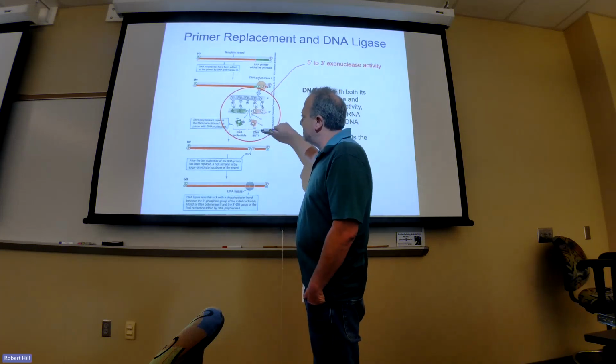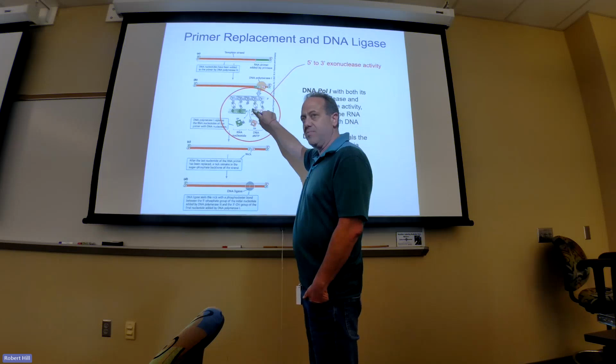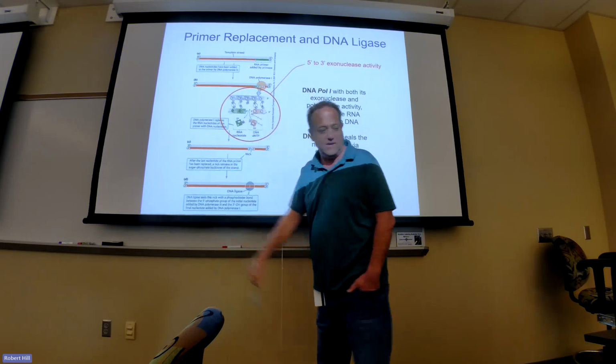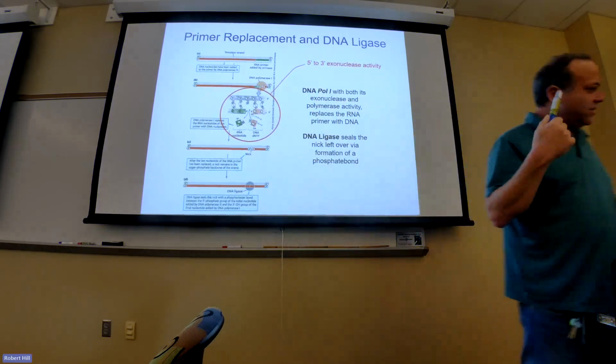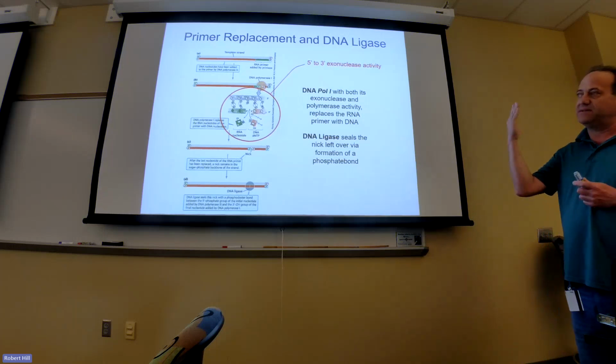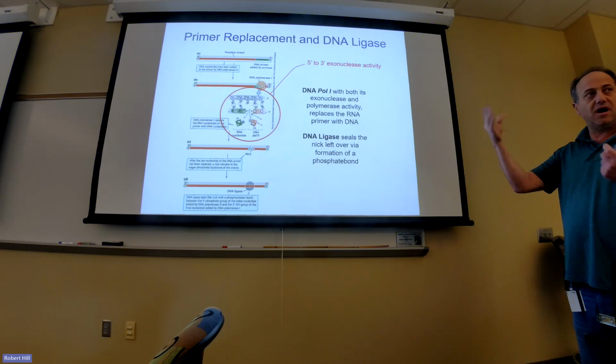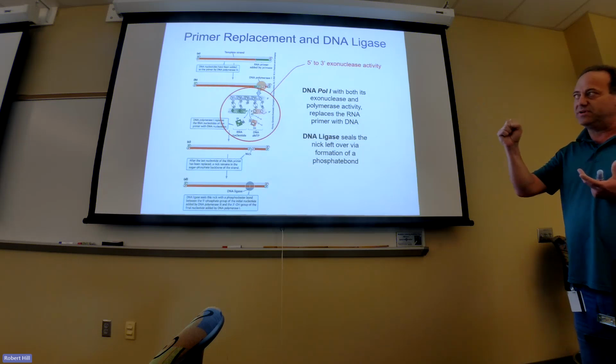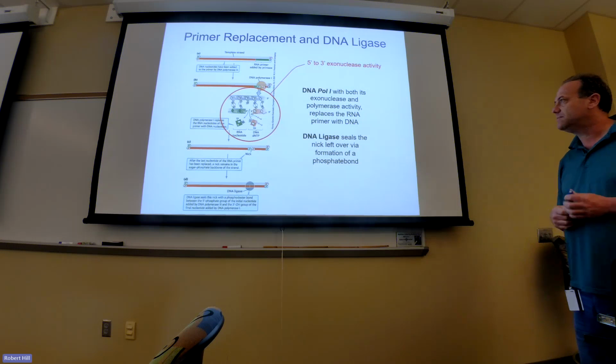Then the polymerase activity is adding to the 3' end of the already existing DNA strand. Polymerase can only add to the 3' end, right? So remember that the exonuclease activity of DNA pol 1 is going to be opposite from that. It's going to pull nucleotides off of the 5' end.